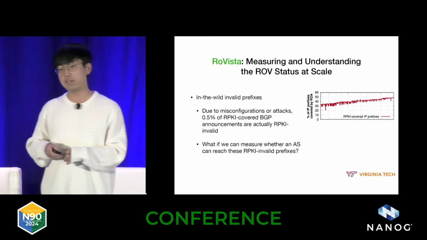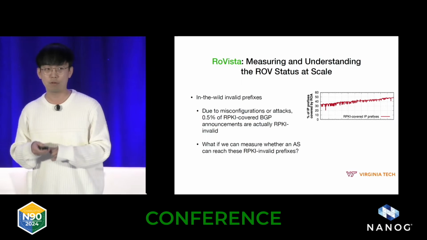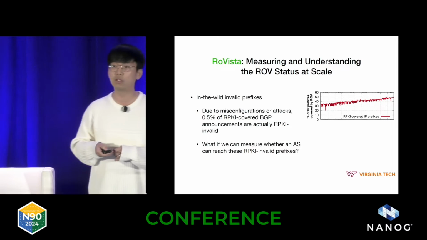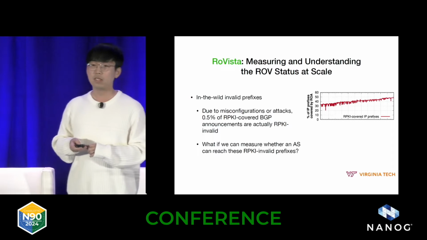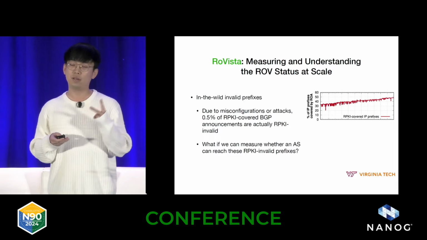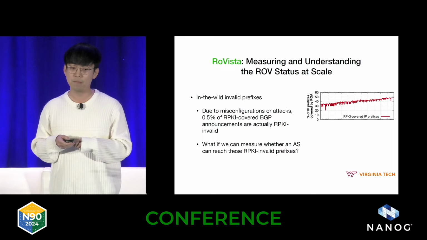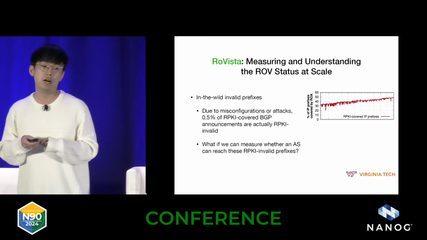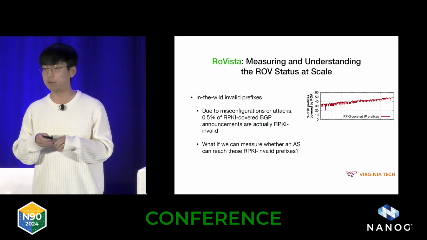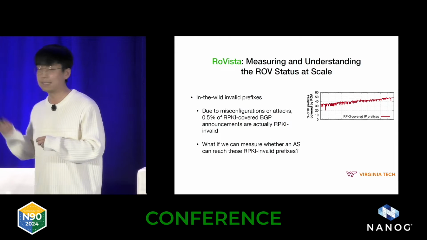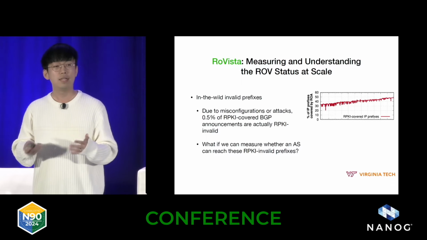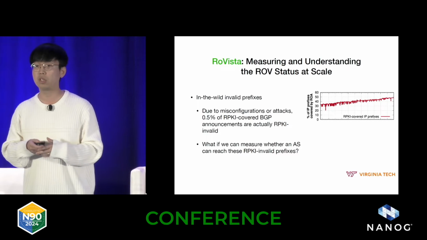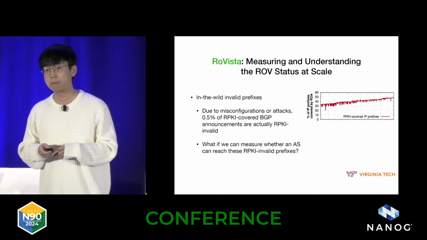To solve this challenge, our research team has developed a tool called RoVista. RoVista relies on two main ideas. The first one: the graph shows the RPKI-valid verifiable prefixes, and the x-axis is the date. As you can tell, nowadays 50% of IP space is verifiable with RPKI.